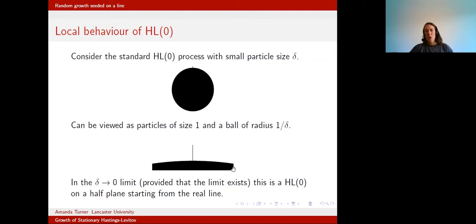So if we did have a stationary version of Hastings-Levitov, it would capture the local behavior of the HL0 process. And that's a second motivation for why we might want to study this.